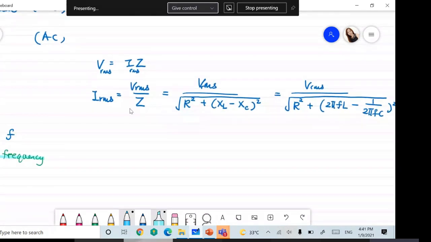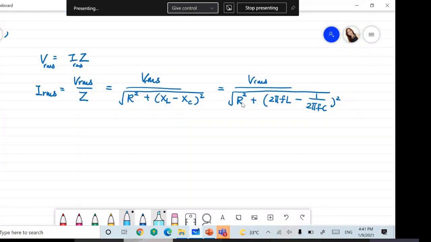So if you refer back to here, it actually makes sense: when IRMS is maximum, Z will be minimum. So how do I get the minimum of Z? You can see from this expression, R is independent of frequency. Only the capacitive reactance and inductive reactance depend on frequency.